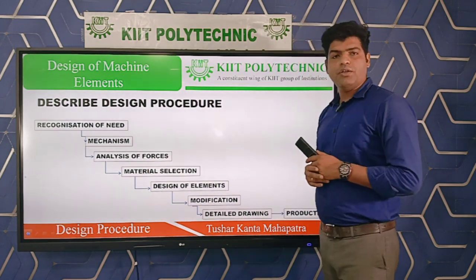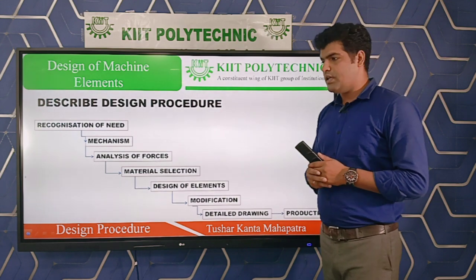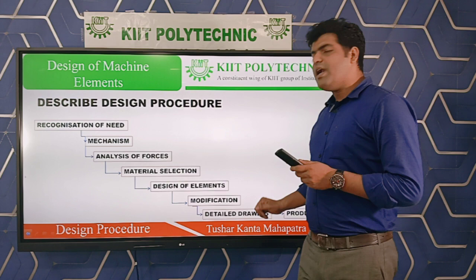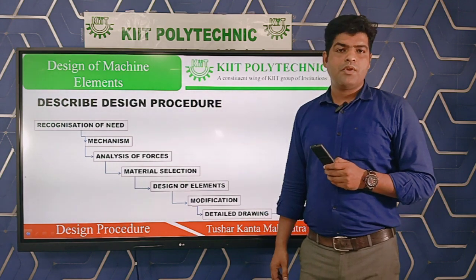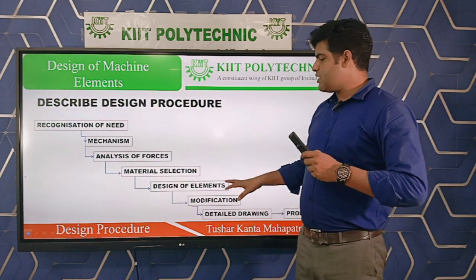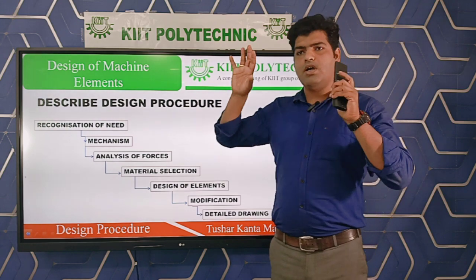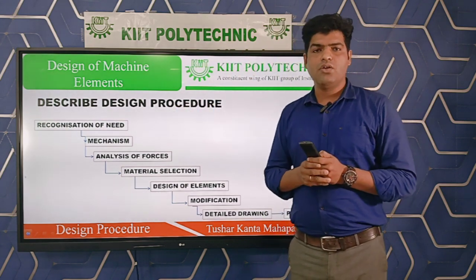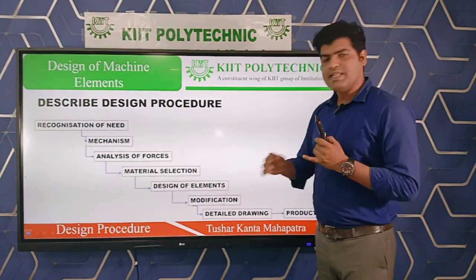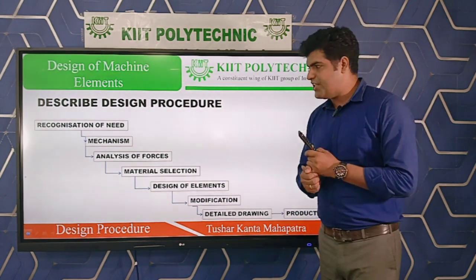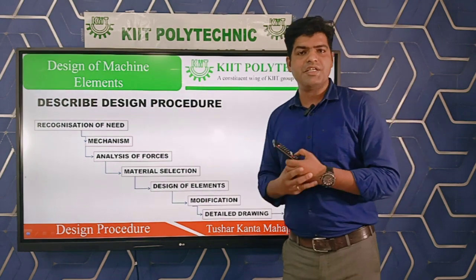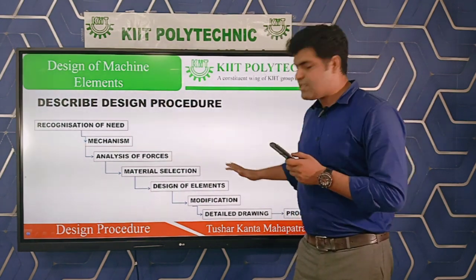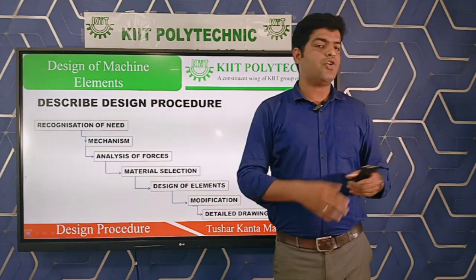After modification, in design, we go to detailed drawing. Detailed drawing in the sense we make a design, considering the mechanism and the analysis of force. So we take all these things and make a drawing.